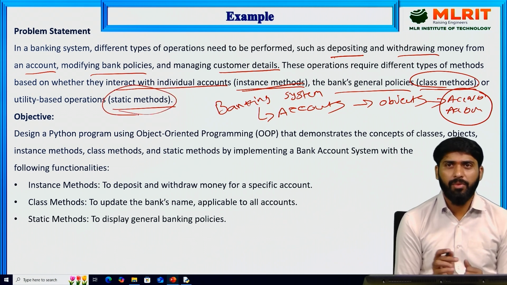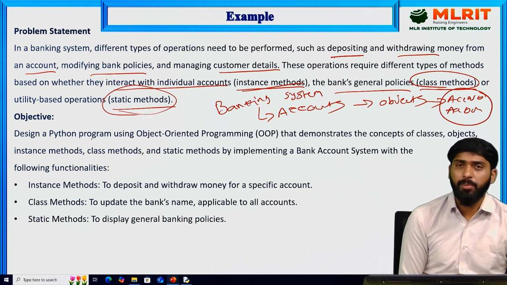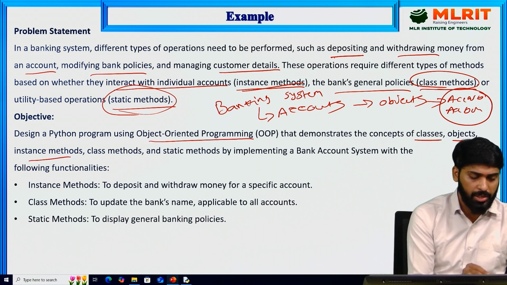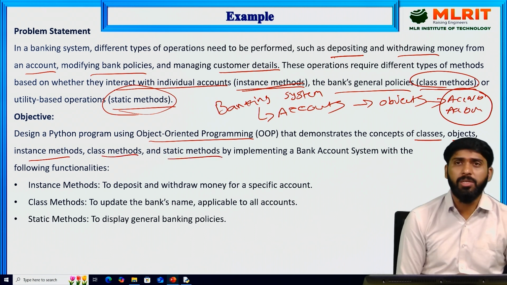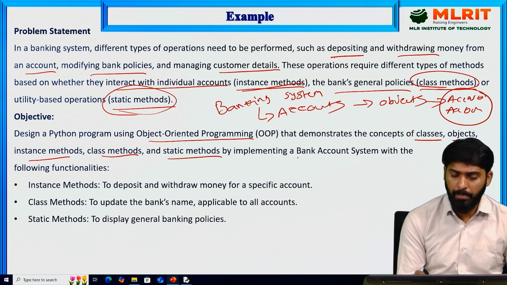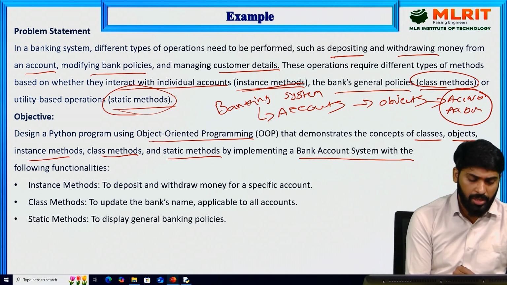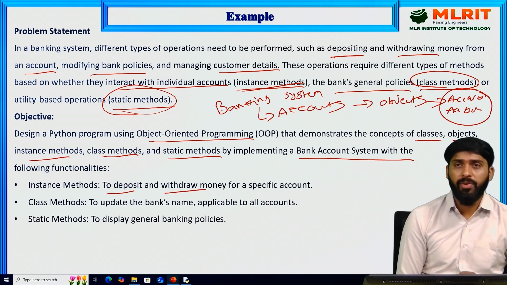Here our objective is to design a Python program using object oriented programming that demonstrates the concepts of class, object, instance method, class method and static methods by implementing a bank account system with the following functionalities. The first functionality is to deposit and withdraw money for a specific account.